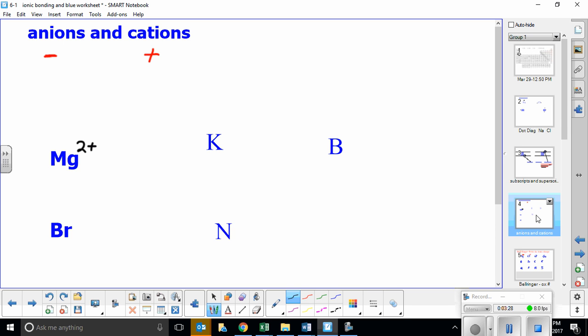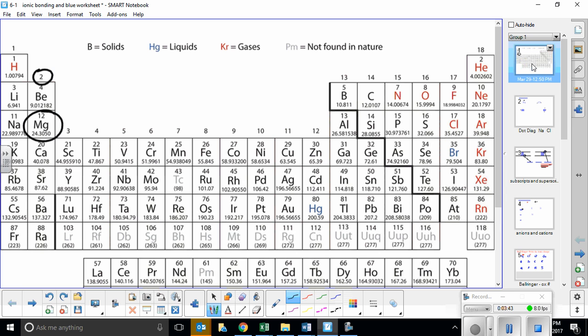Why would it have a charge of 2+? Well, magnesium, if it's an atom, has 12 electrons because an atom has no charge. Magnesium has 12 protons because that's its atomic number. If we go back here, atomic number is 12, so that's 12 protons. And if it's an atom, it also has 12 electrons to have no charge.